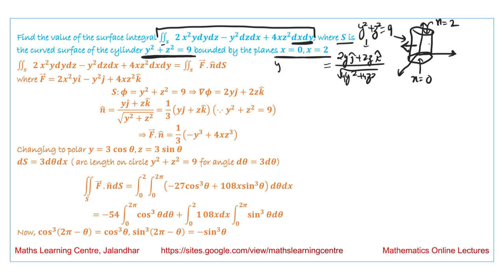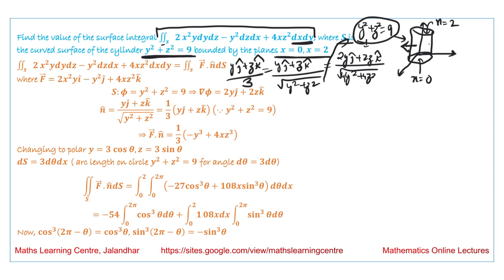So this value we obtain is (y j cap plus z k cap) divided by the square root of y square plus z square. And on this surface the value of y square plus z square is equal to 9. So we are writing this as (y j cap plus z k cap) divided by 3.